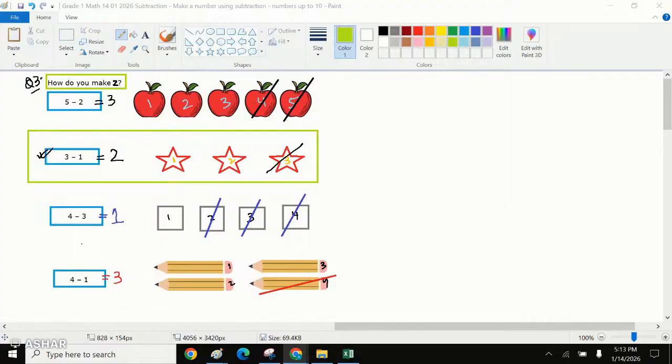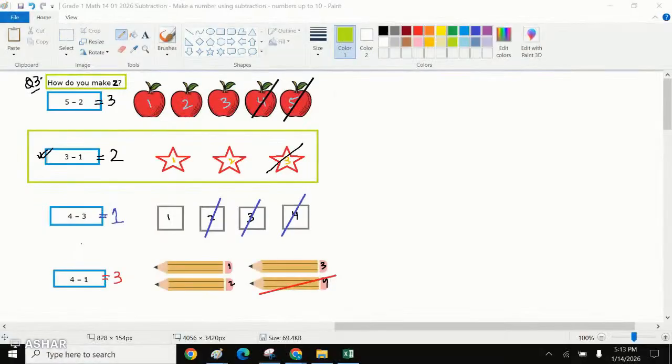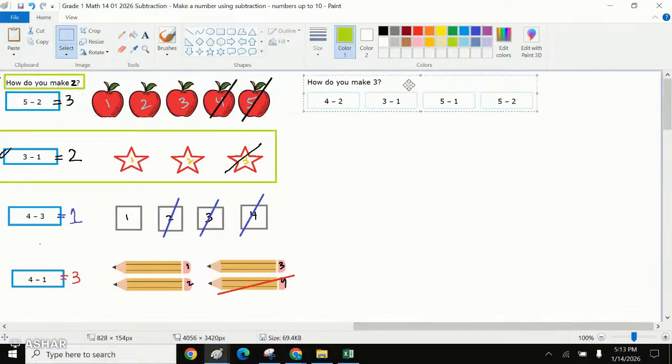How do you make a 3? So the next question says, how do you make a 3? Okay, let's just copy this. This is question number 4 for us.